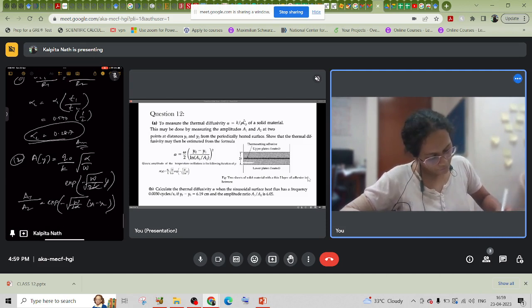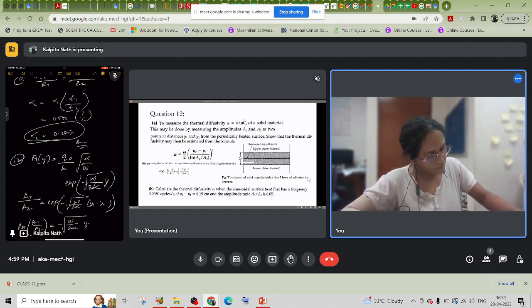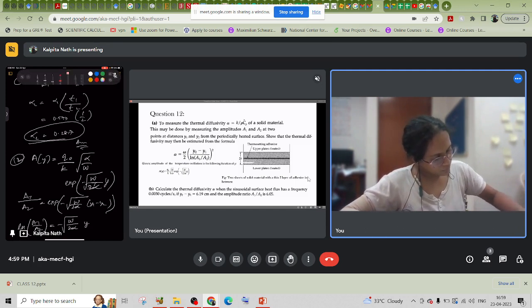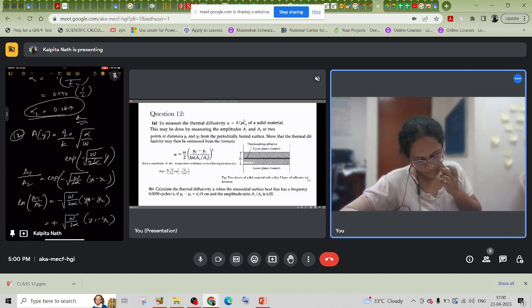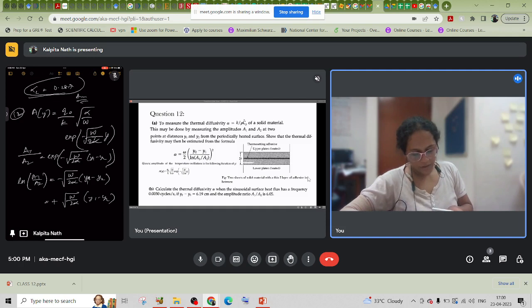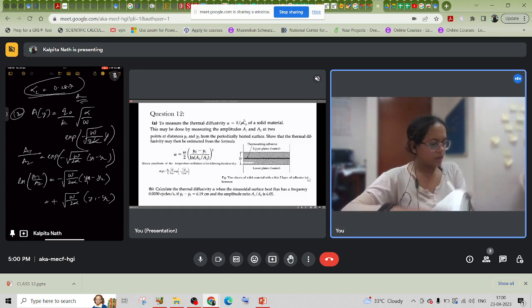Right. Now, if we take the logarithm on both sides, ln A1 by A2 is equal to minus root over omega by 2 alpha, (Y1 minus Y2). This can be solved for the thermal diffusivity, that is for alpha.